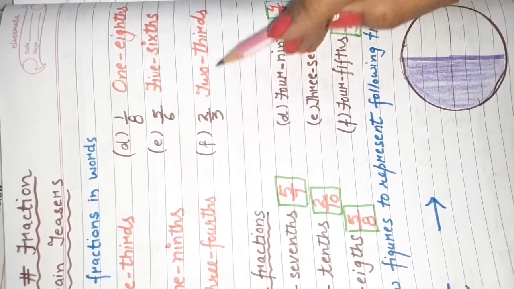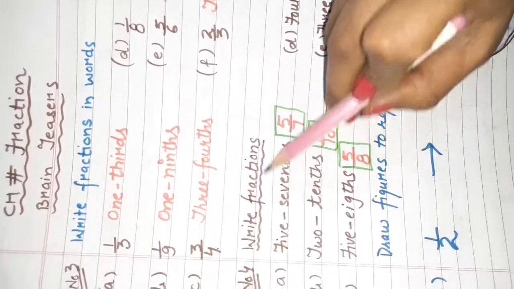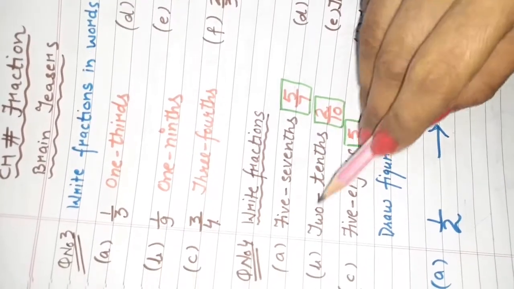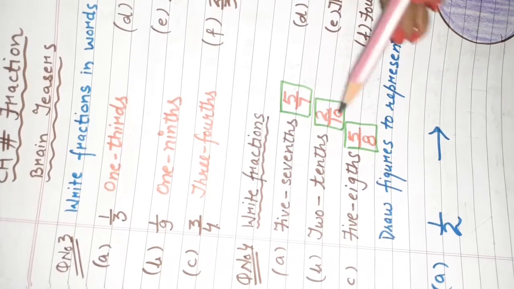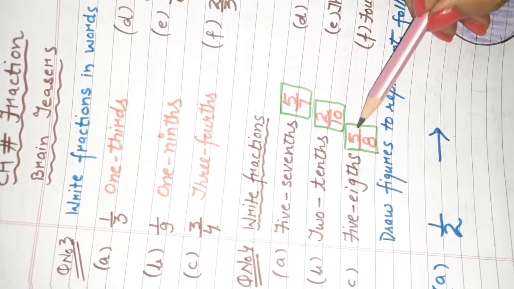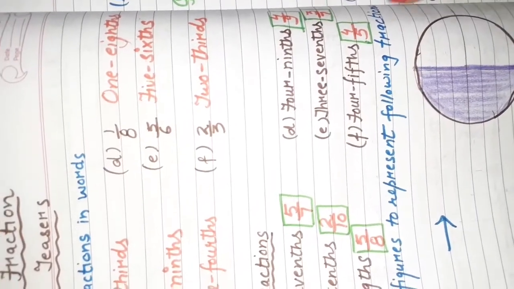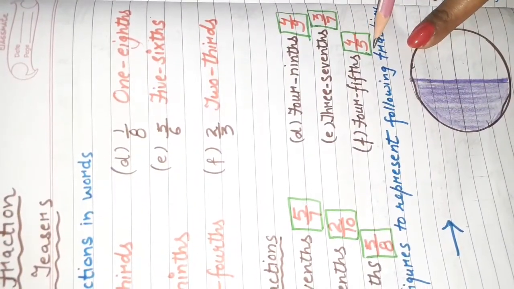Then 2/3. Now in question number 4, you have to write the fractions for these fractions in words. So 5/7, how will you write 5/7? Then it's your 2/10, 5/8, 4/9, 3/7, and 4/5.